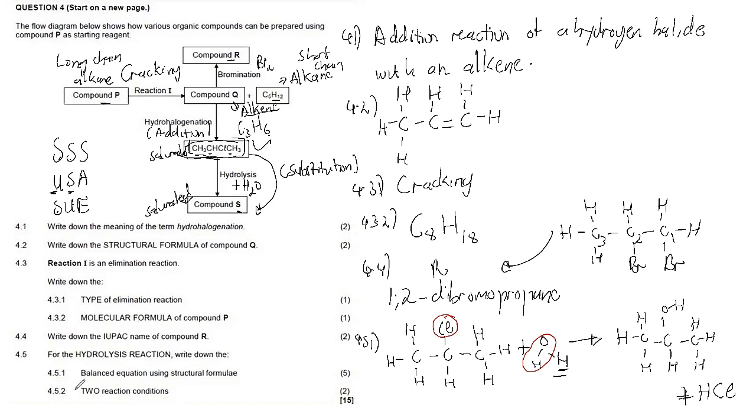Okay, then 4.5.2 is now saying, give us two reaction conditions. Now we know for a hydrolysis reaction, because we are reacting with water, we need excess water. So excess H2O, and again, mild heat. So that's how you were supposed to tackle this question here, for a total of 15 marks.